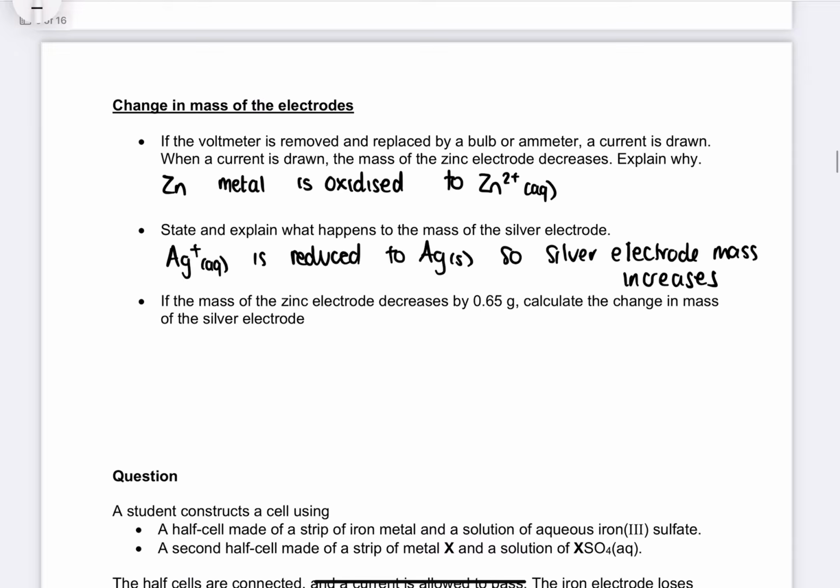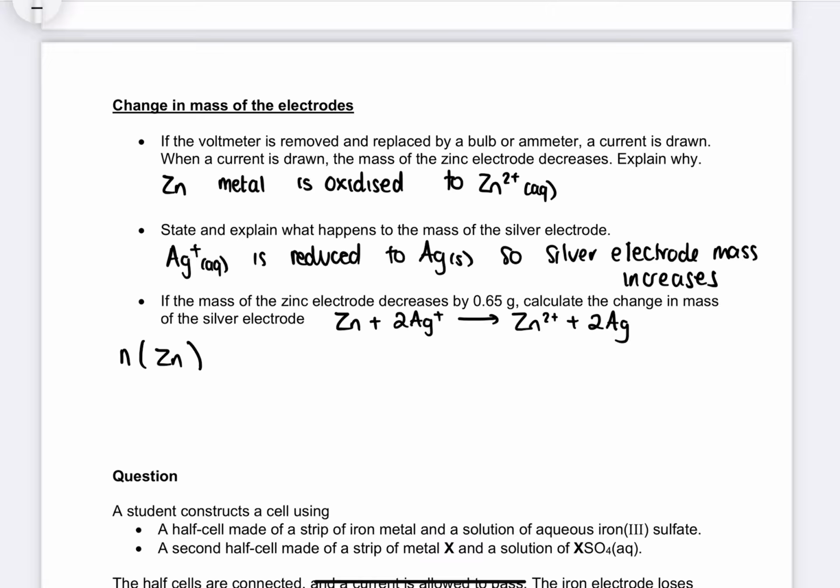If the mass of the zinc electrode decreases by 0.65 grams, what will happen to the silver electrode? So if we just rewrite the equation, we had Zn plus 2Ag+ becomes Zn2+ plus 2Ag. And we've been given the zinc electrode's mass.